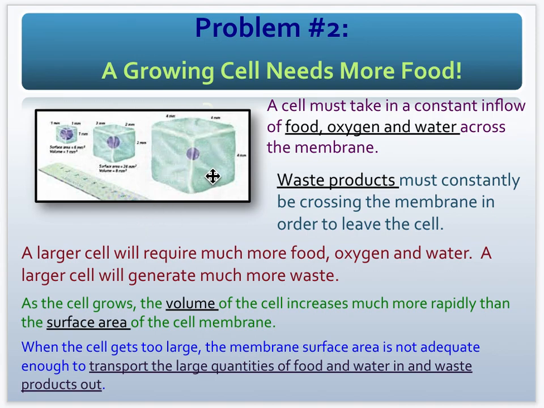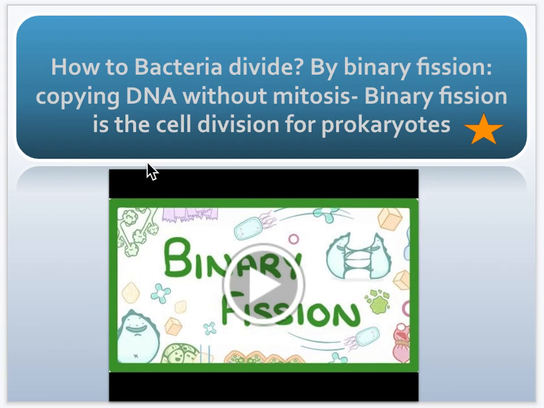And remember that a lot of these processes happen with just simple diffusion, with the waste going out and the nutrients coming in, water coming in and out. So when you have something that's trying to come all the way from the center of a very large space, it's really hard for things to diffuse in a timely manner.